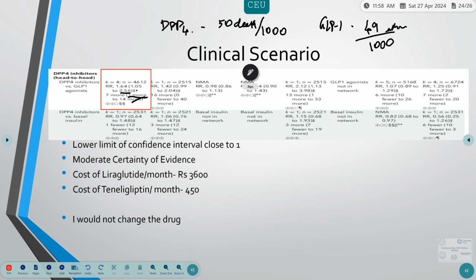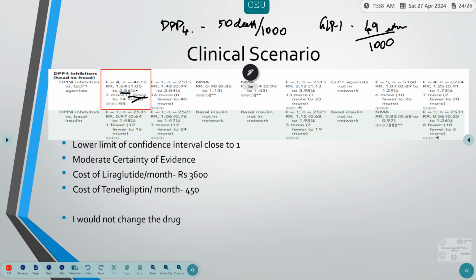Which is better? GLP1 is better. How many deaths does it save? 1 per 1,000. So what is the absolute risk reduction? 1 per 1,000 is what percentage? 0.1 percentage. That is the absolute risk reduction.